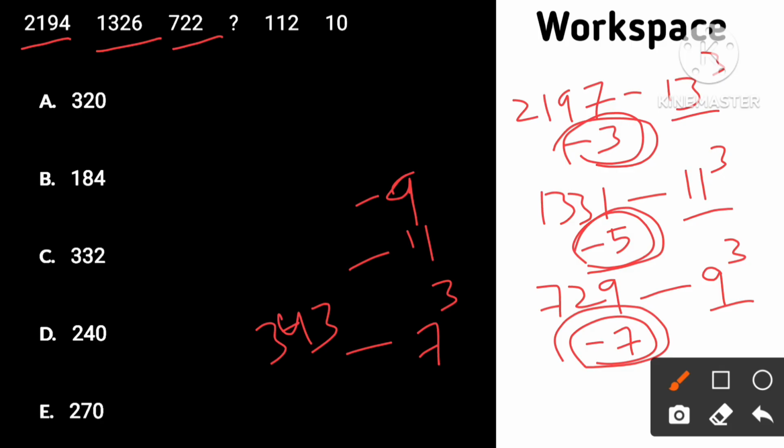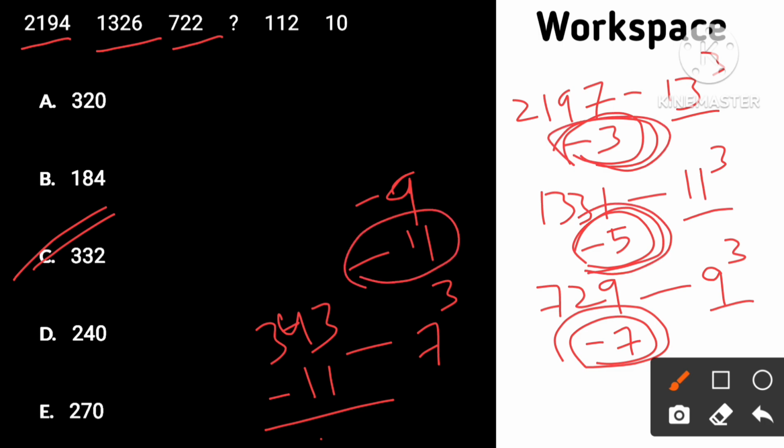But in options there is no 334, so it must be minus 11. So answer will be 332. Option C is our answer. Here we are taking 11 because these are prime numbers. Minus 3, minus 5, minus 7 and minus 11 is the next prime number after 7. So answer will be option C, 332.